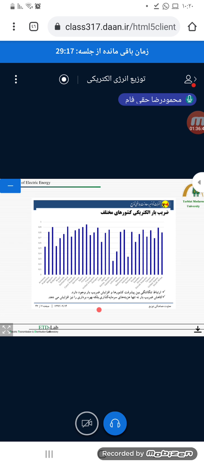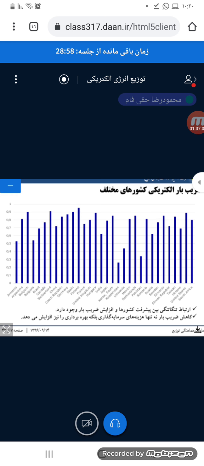Please see, it is a very useful description of the load factor in some countries. I focus. Okay, let's see.